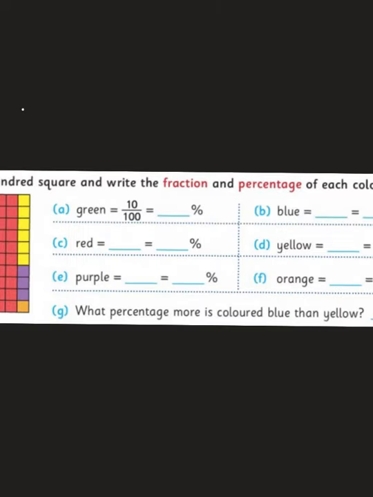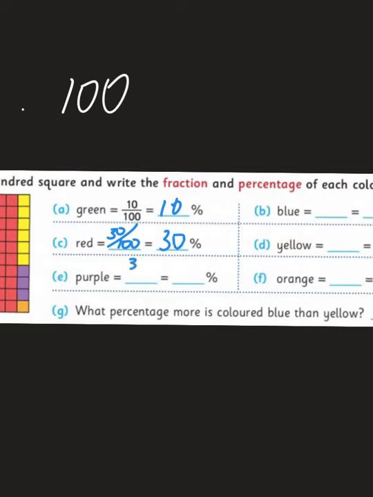So look at this 100 square and write the fraction and percentage of each coloured amount. So there's 100 squares in the 100 square. So let's see green. So in green we have 10 out of 100 coloured. That's 10%. Red we have 30 out of 100 coloured. 30%.